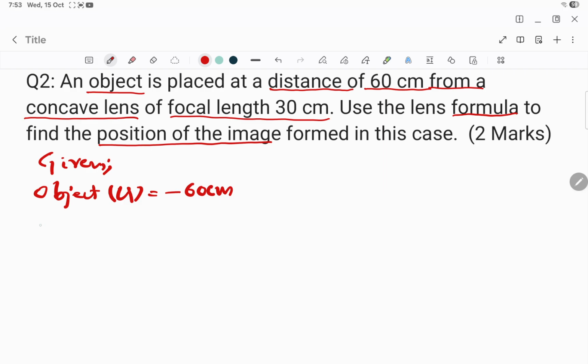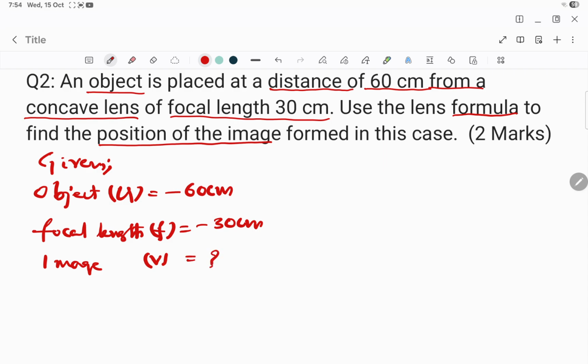Next, focal length f is given as minus 30 centimeter. What is required here? We need image distance v, that we have to calculate.